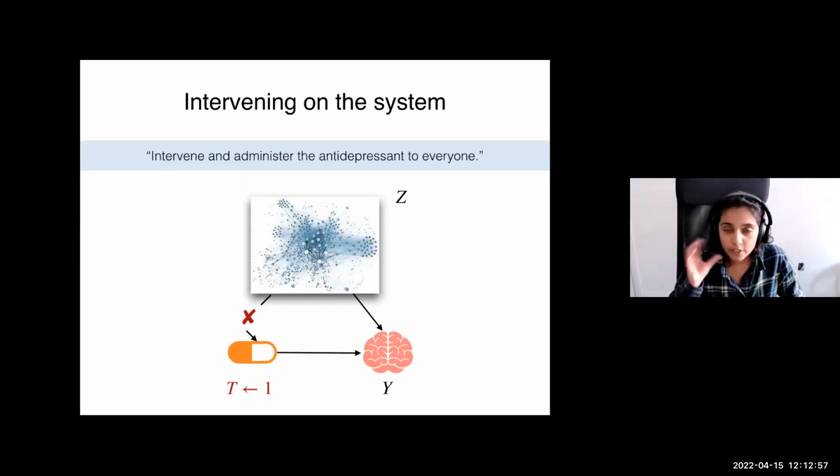So causal questions, I said the words manipulating X or manipulating a variable X. What it means is we'd like to intervene on this system and administer the antidepressant to everyone.